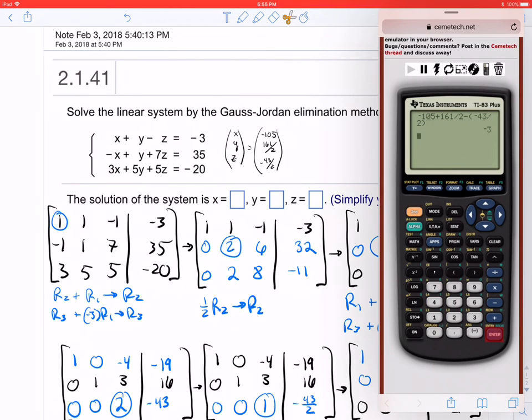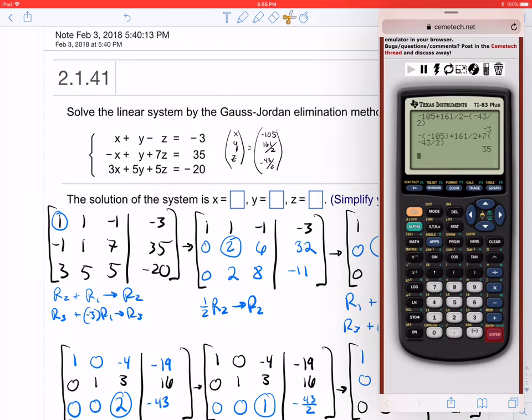I should get negative 3, and we do. Okay, now if I say negative x, which is negative 105, plus y, which is 161 over 2, plus 7. Now z is a negative 43 over 2.